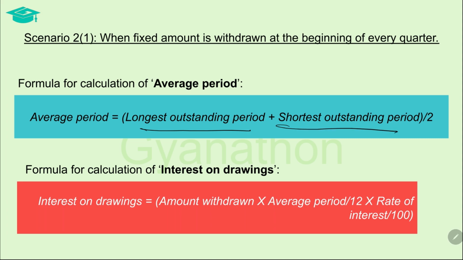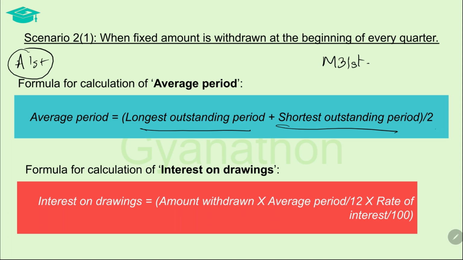The formula for average period is the longest period for which the amount of drawings is outstanding added to the shortest period for which the amount of drawings is outstanding, and the total is divided by 2. If we assume the accounting period to begin with April 1st and end with March 31st, then the first withdrawal of the year, as the withdrawal is done at the beginning of each quarter, happens on April 1st.